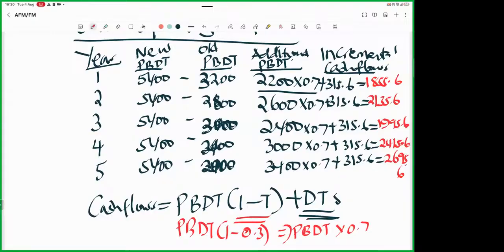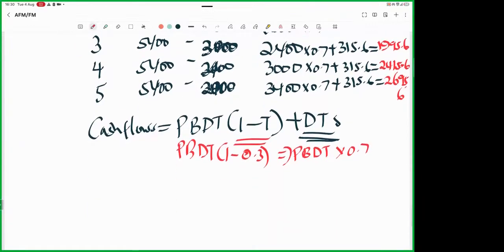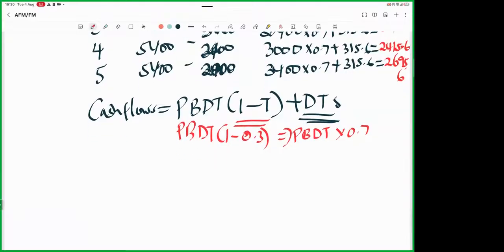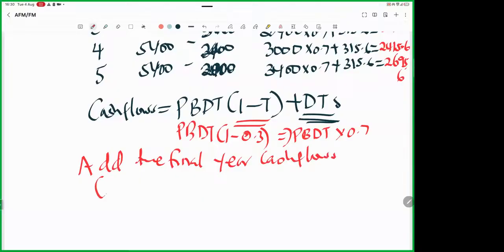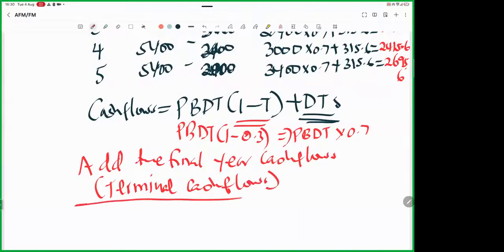So in short, please mention there, add the final year cash flows. We call them terminal cash flows.